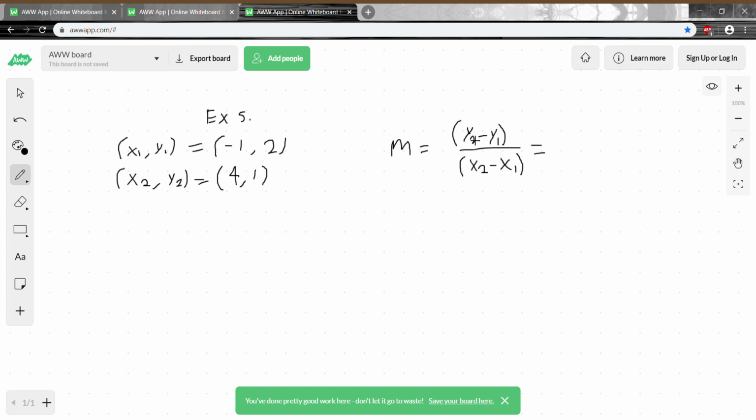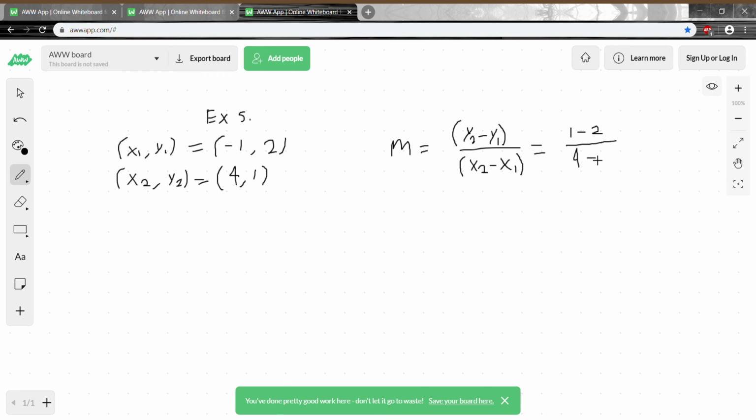So our y2 is over here. It's this one term. So y2 is 1. We're going to subtract from that our y1 term, which is a 2. And we're going to divide that by our x2 term. x2 is 4 minus our x1 term. x1 is negative 1.